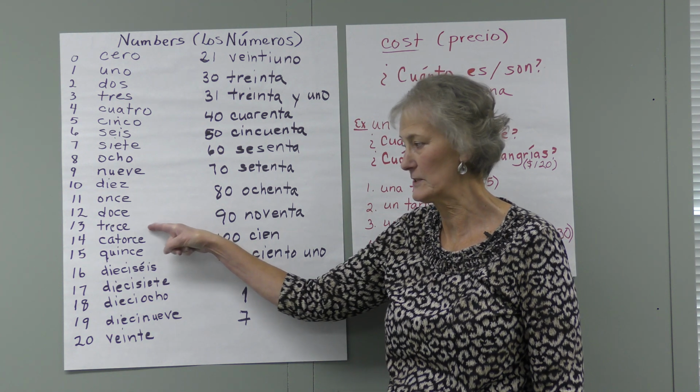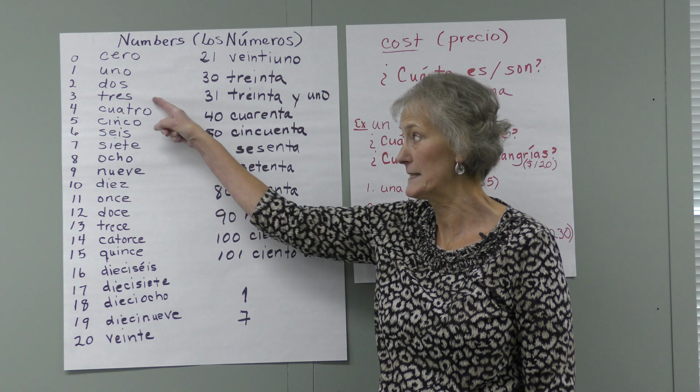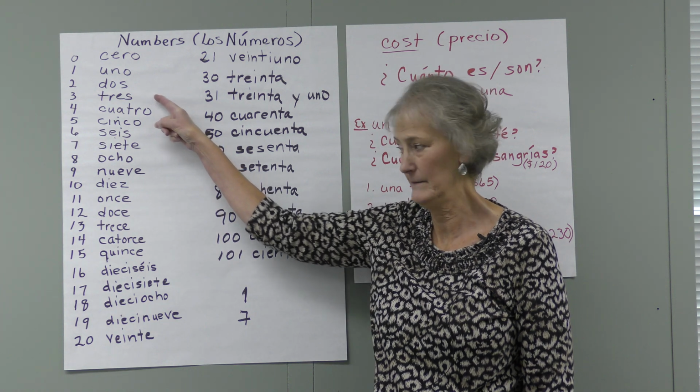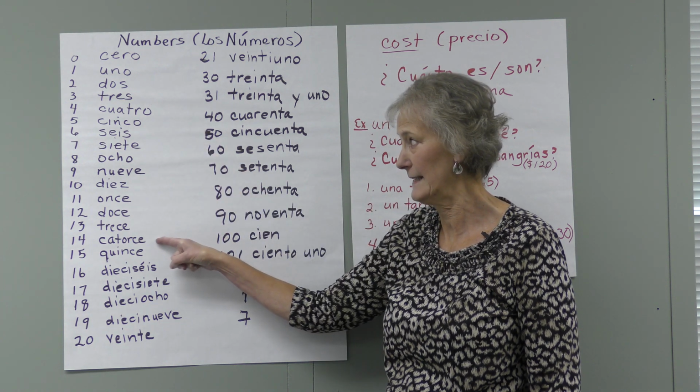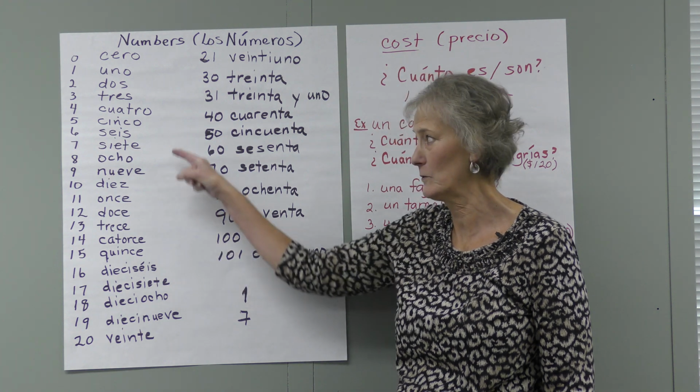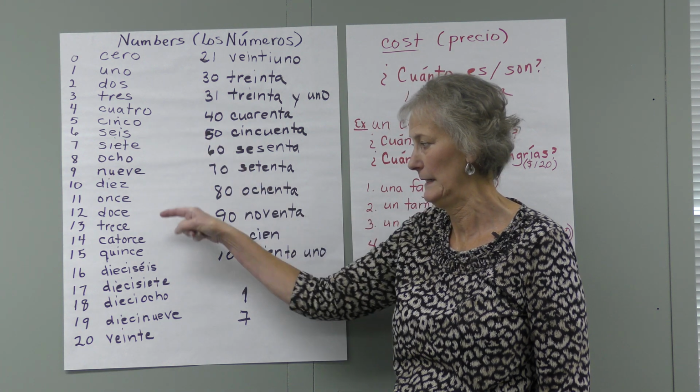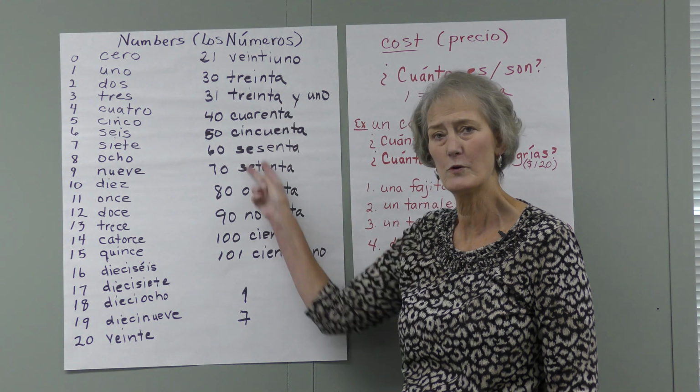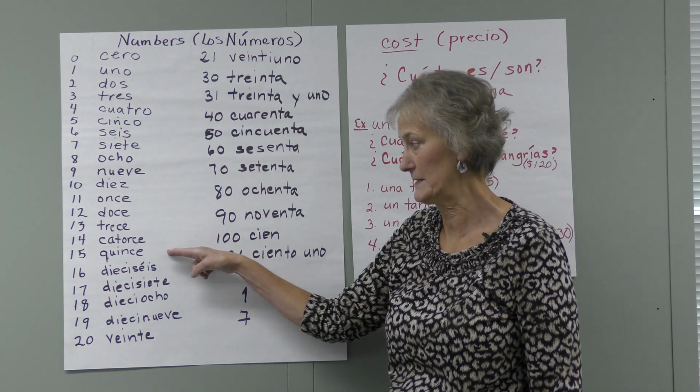You might have noticed trece sounds like trace. 14 is similar but not quite the same as cuatro. You'll see some more similarities when we get to the bigger numbers.